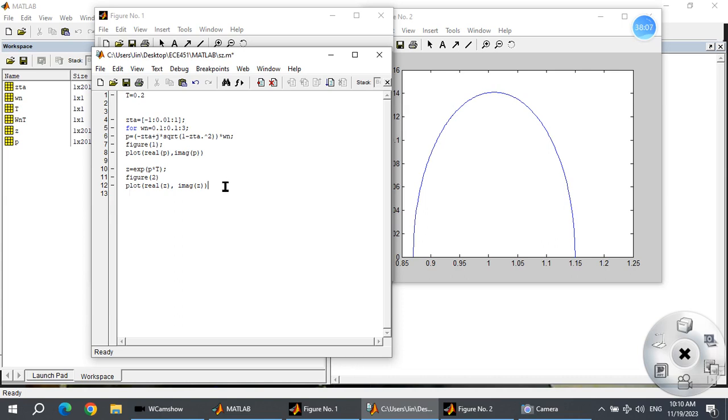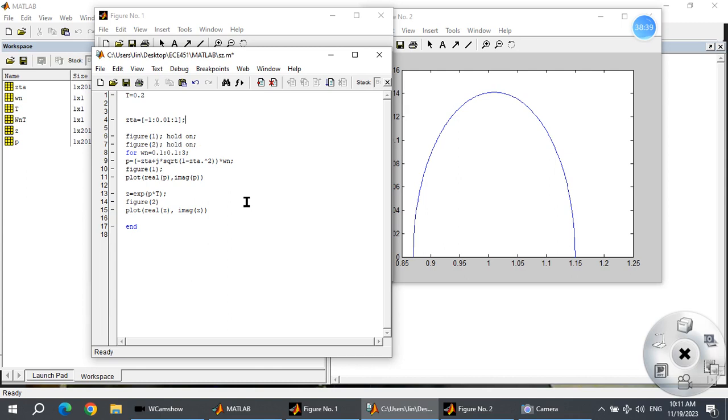For all of these omega n, we do all of these. Figure 1, I need a hold on, so I put them here. Figure 1, hold on. Figure 2, hold on.